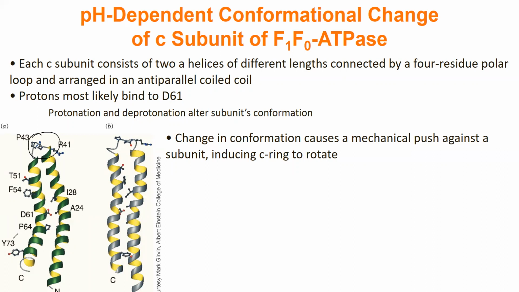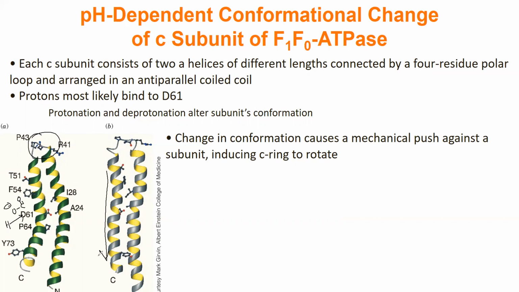What happens is that when a proton comes in, we think it binds to aspartic acid 61. Hopefully you remember your side chains. Aspartic acid is negatively charged. That makes this aspartic acid neutral. When that happens, this helix straightens out.